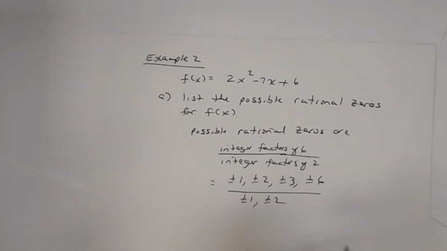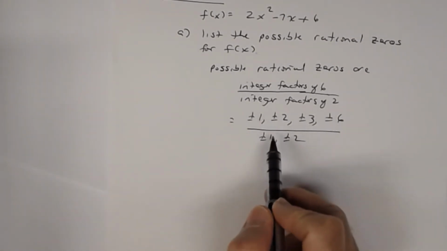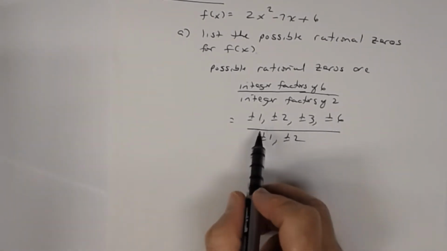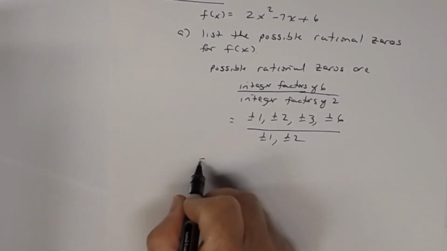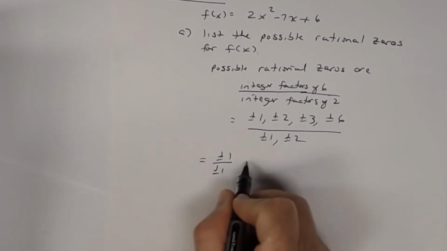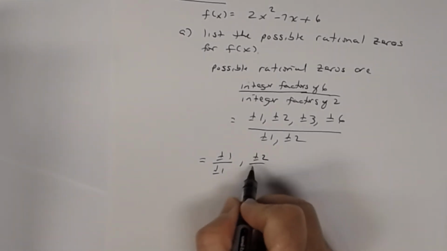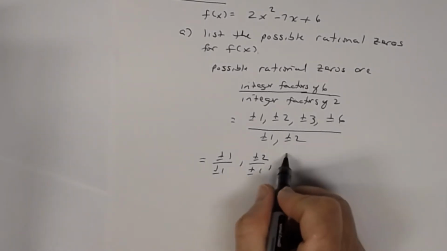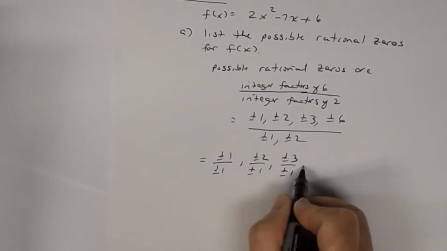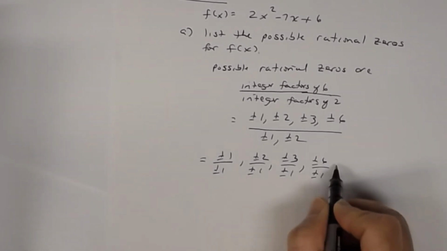So the way I would approach this is I would take each of these divided by each of these. So this would be plus and minus 1 divided by plus and minus 1. Plus and minus 2 divided by plus and minus 1. Just do it like that. Plus and minus 3 divided by plus and minus 1. Plus and minus 6 divided by plus and minus 1.